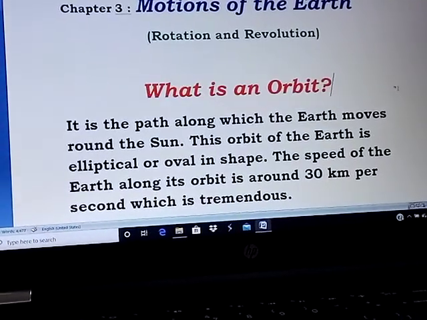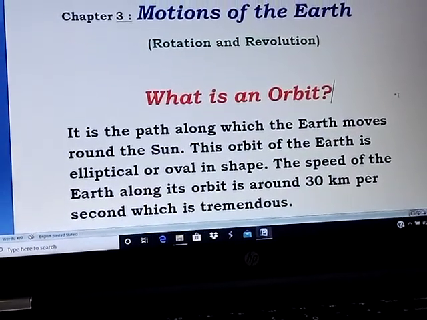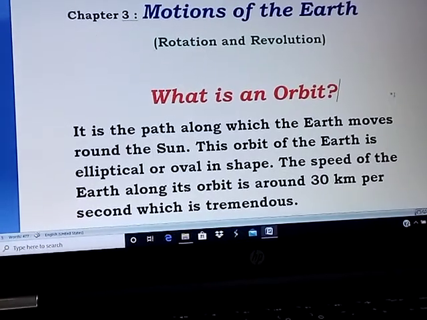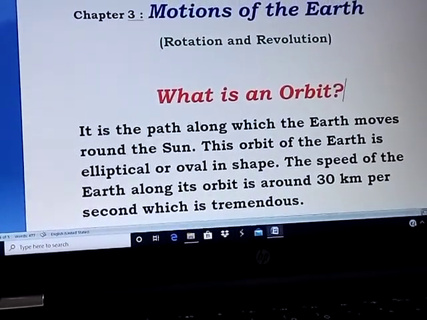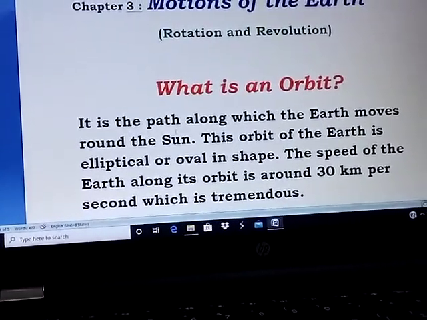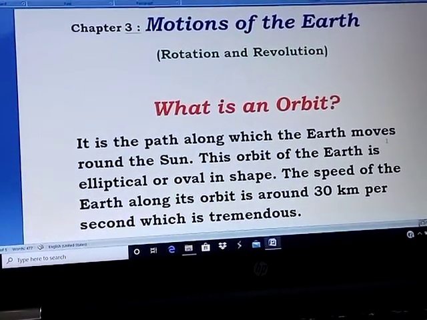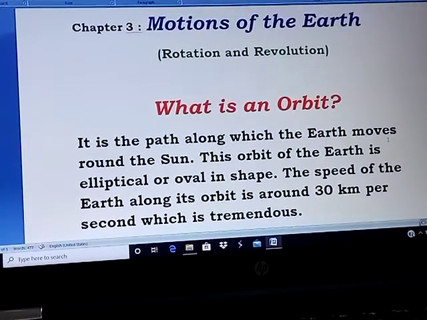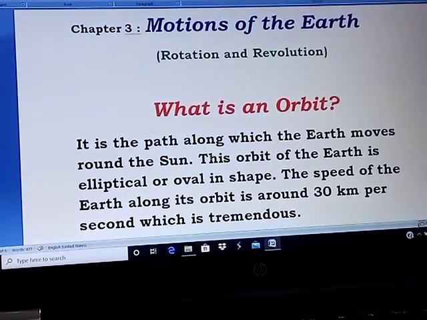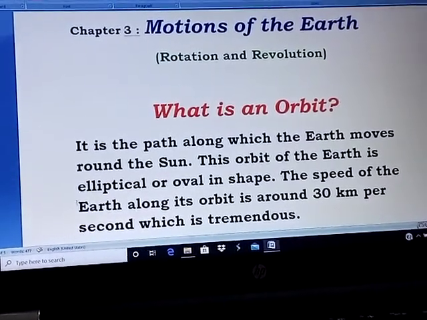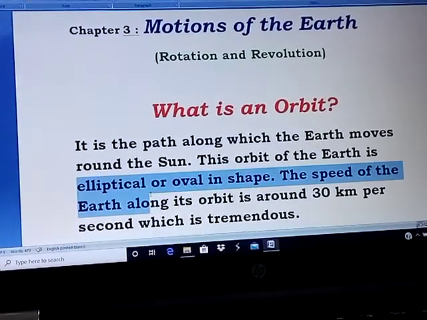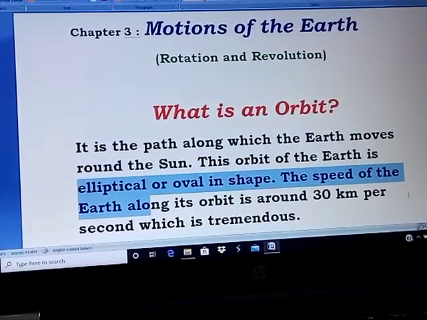Rather, we will discuss straight away what is the orbit of the earth, how it looks, what is its feature. It is the path along which the earth moves around the sun. All of us know that earth moves around the sun, and this orbit of the earth is elliptical. Elliptical means it is not complete, it is not full round.